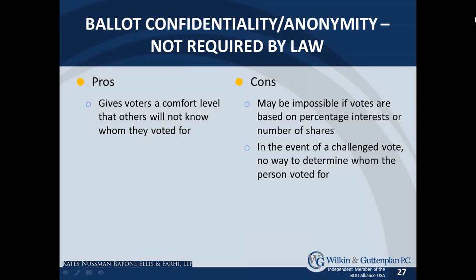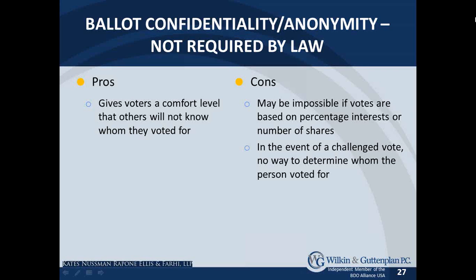So what I generally try to do and encourage people to do is to not have a blind voting system where you just put a blank ballot in a box and no one knows who it goes to. I like to have some type of tracking system, and I don't like to disclose that to the board. And I don't disclose it to owners, but there has to be a way at the end of the day to figure out who voted for who.